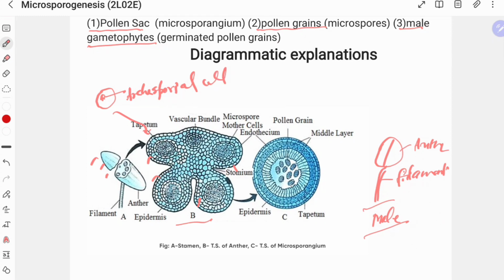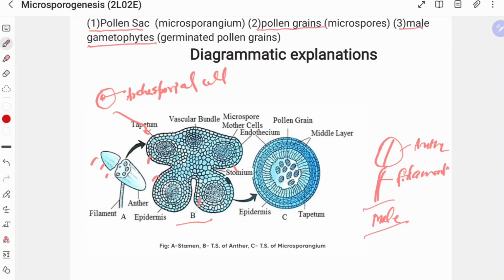It has the capacity to divide. After anticlinal divisions, it forms a large number of cells, and these cells are divided into different tissues.